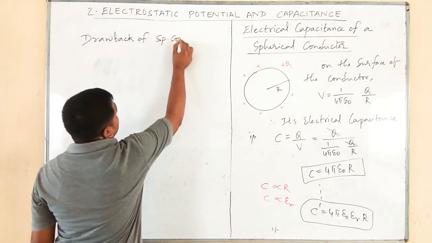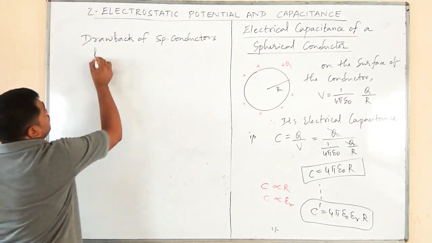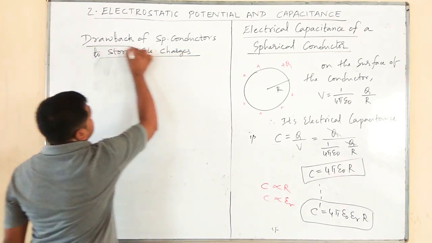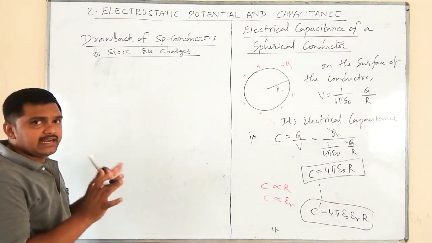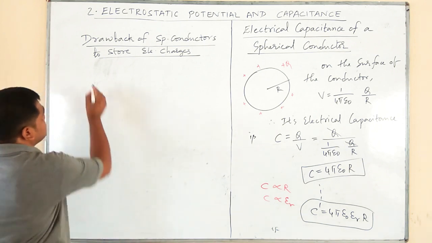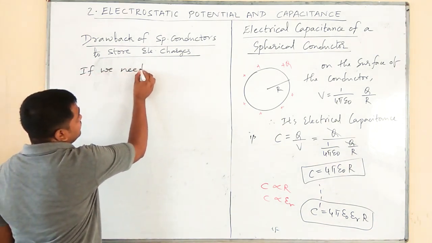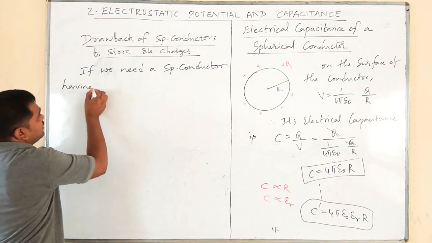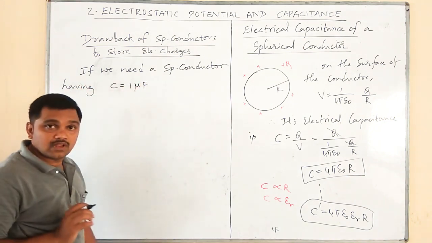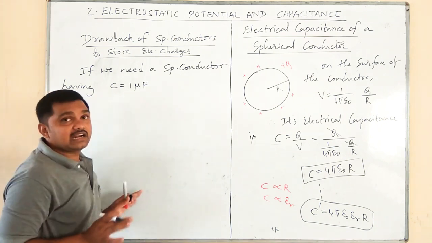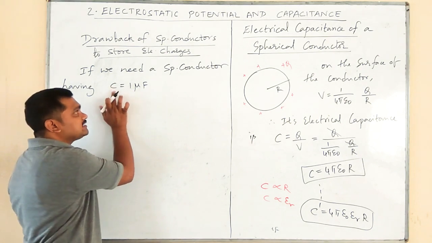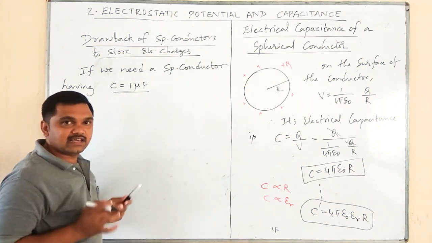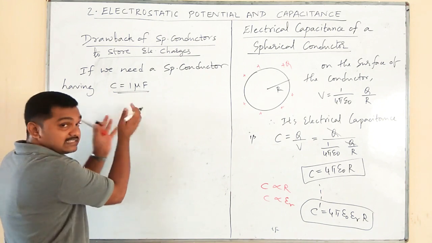Suppose we need a spherical conductor having C equal to 1 microfarad. What is the radius required for it?